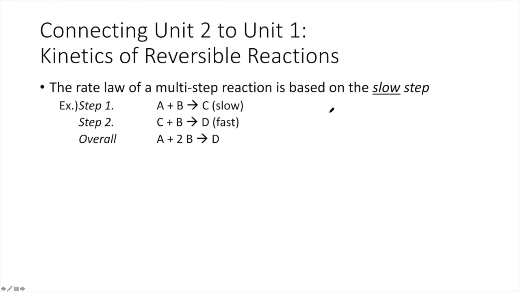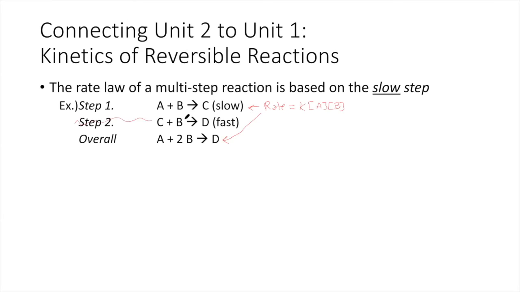So remember that when you do that, if you know the step-by-step mechanism, you can just say that the rate is equal to some rate constant times the concentration of each reactant raised to the power of its balancing coefficient. Those are both 1 in this case. So this would be the rate law, not only for the slow step, but also for the overall reaction.